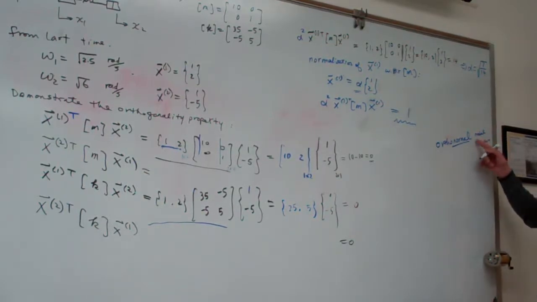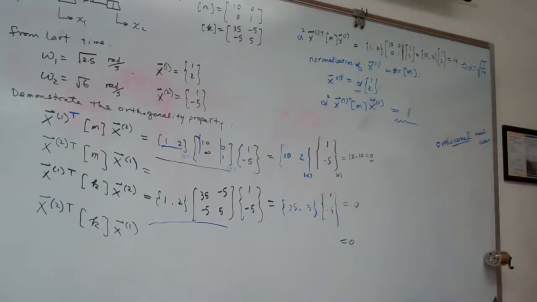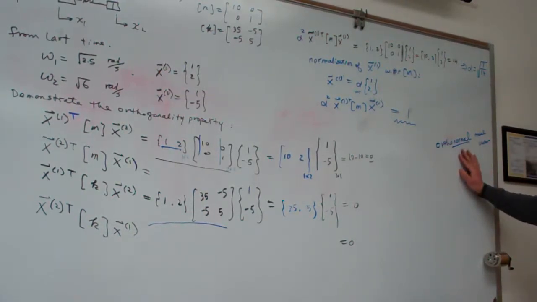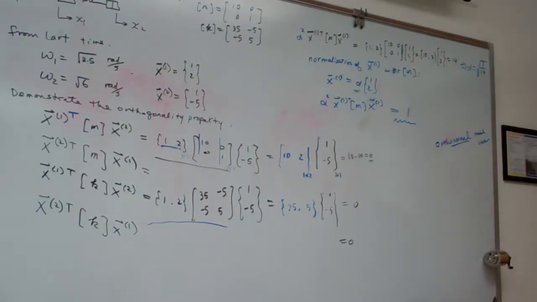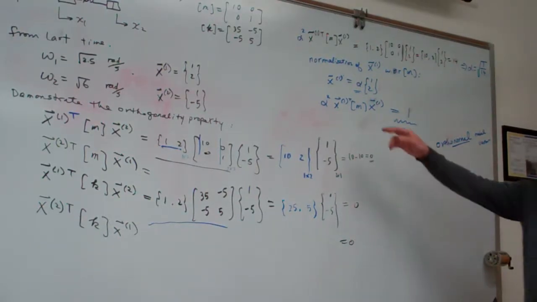So that indicates that the vector has been normalized. But this term is not that important. Just to let you know that sometimes people use different words. So that is part of these things.